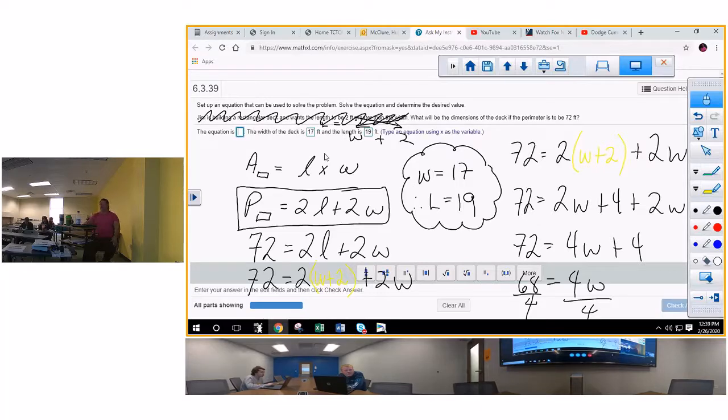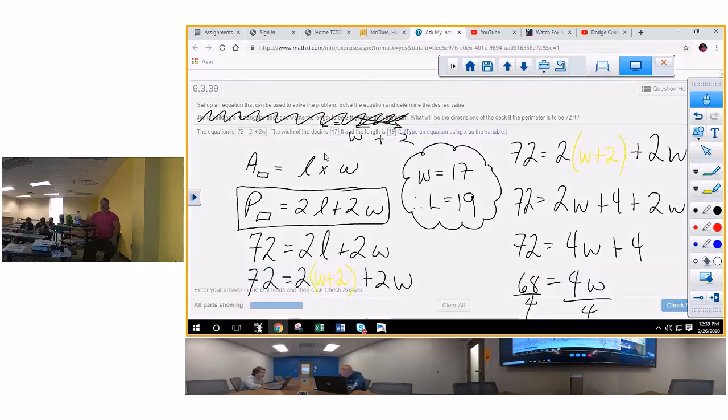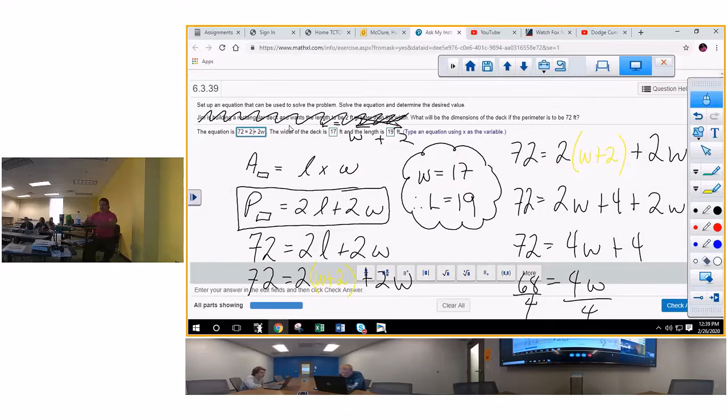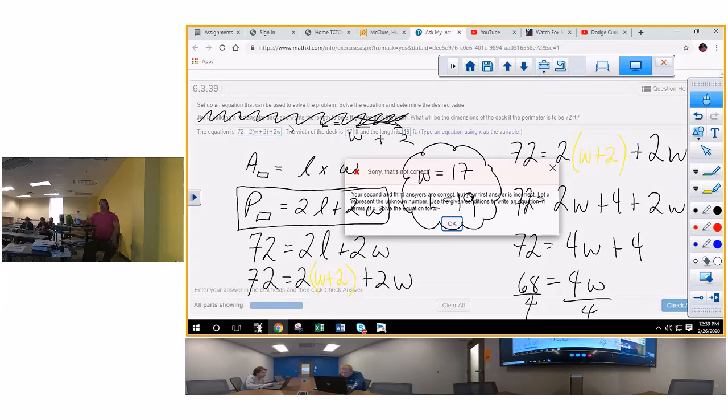That's funny. So 72 is equal to 2L plus 2W. Bell time. Now they probably want the 2 times and put the brackets in there. W plus 2. That's probably what they want. Okay, they can go jump in the lake. I don't know what they want.